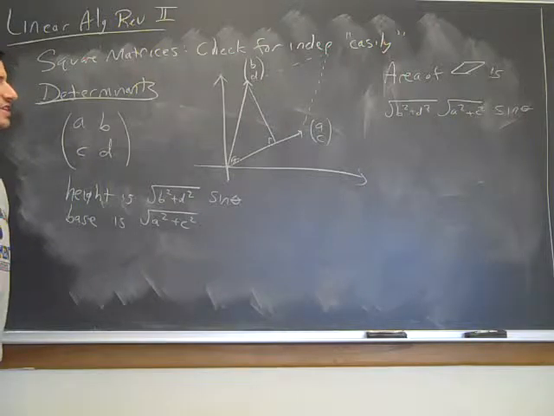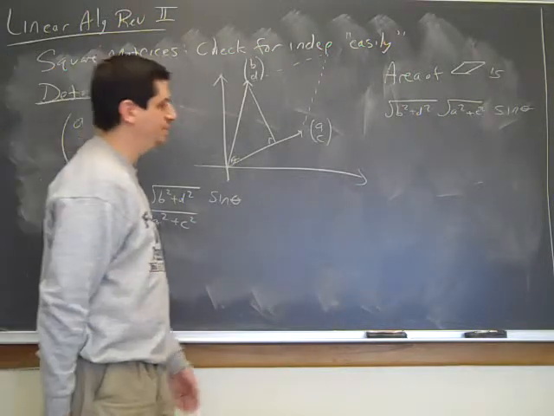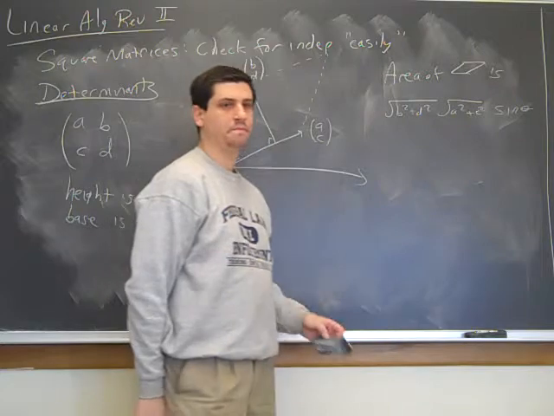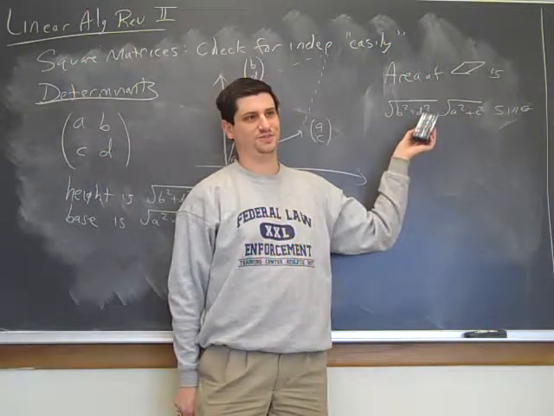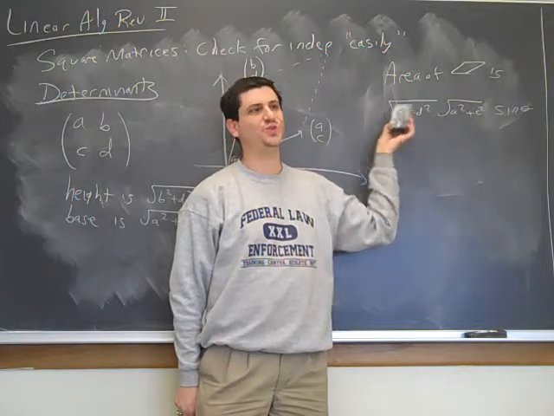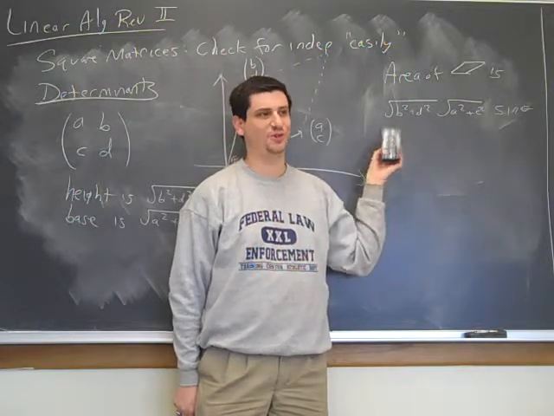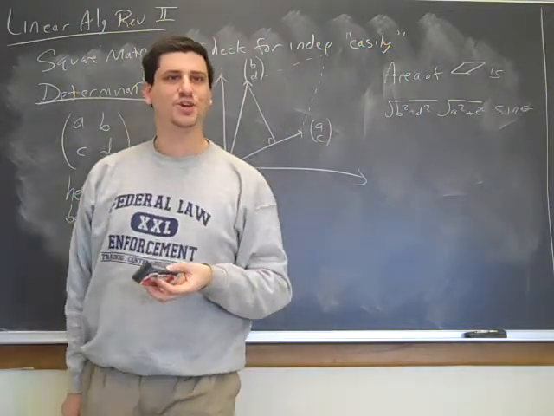Now, unfortunately, the sine of theta is not immediately apparent in terms of a, b, c, and d. I want a nice formula for the sine of theta. There's also something else that should be a little bit annoying about this. What don't you like about this equation? What does it involve that's annoying? Square roots.